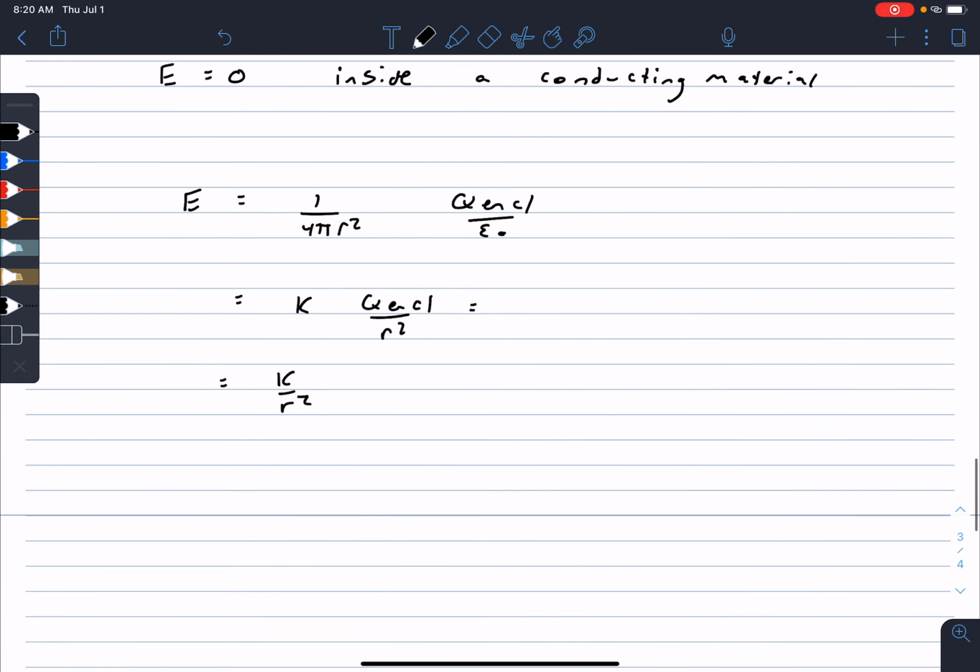So that gives us 1 nanocoulomb, times k over r squared. And that's 1 times 10 to the negative 9 coulombs.